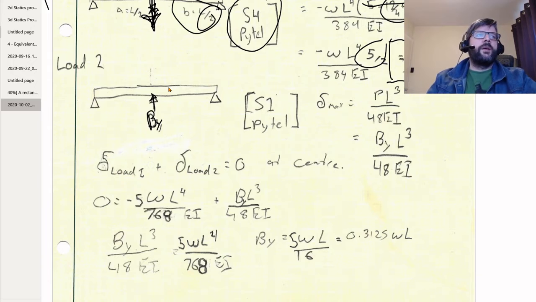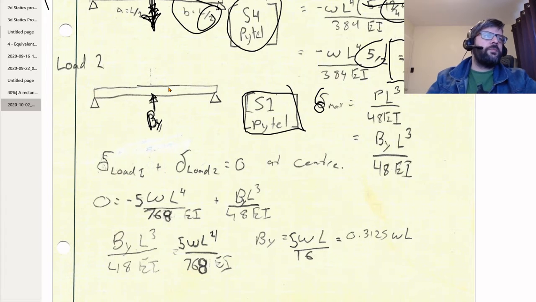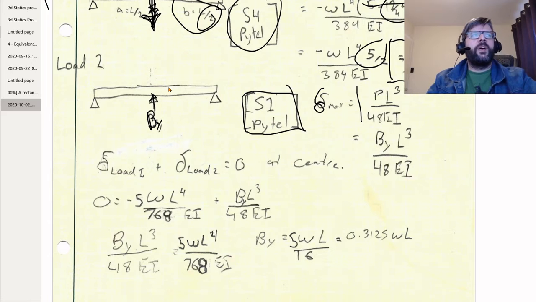Again, going from Pytel, that's the S1 case. We've got our point load in the center of the beam. That gives us a displacement in the center of the beam of P times L cubed divided by 48 EI.